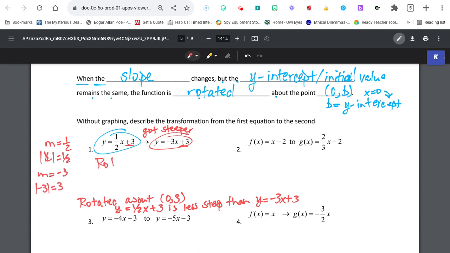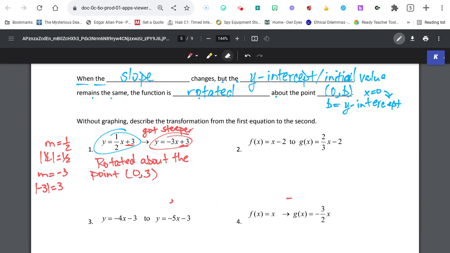So I'm going to go ahead and put this here. It will look better. It's rotated about that fixed point, which is your y-intercept, guys. And we know the original line is less steep than the new created line, y equals negative 3x plus 3. All right, that looks much better.